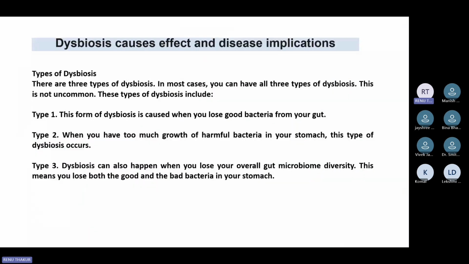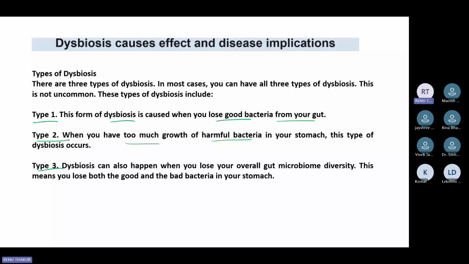So as I was talking about the different levels of dysbiosis, we are having type 1 level, type 2 level, and type 3 level. So in type 1, what is there? In type 1 we have this form of dysbiosis when you lose good bacteria from your gut. When you have too much growth of harmful bacteria in your stomach, this is type 2.